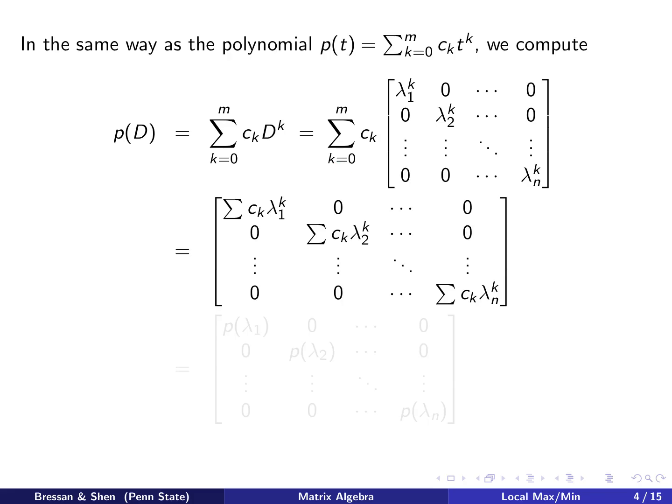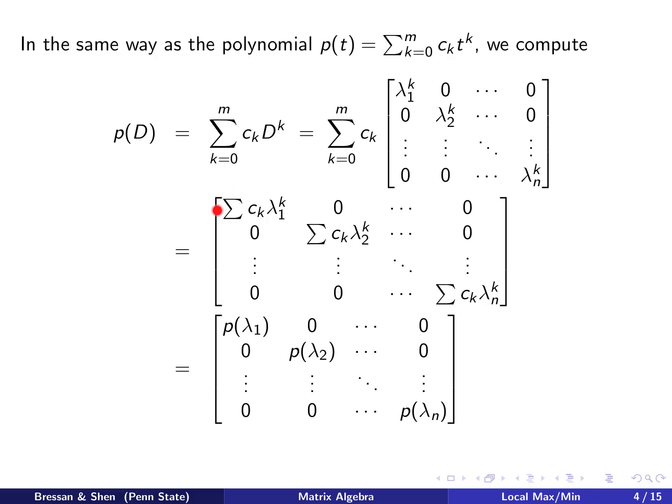Then we can further manipulate. We can multiply the scalar number into all the diagonals, and then move the summation sign into all the entries. It is actually summing over everything, but all the off-diagonal entries are zeros, so they sum to 0. So the only non-zero terms will be along the diagonal, and they take exactly these forms.